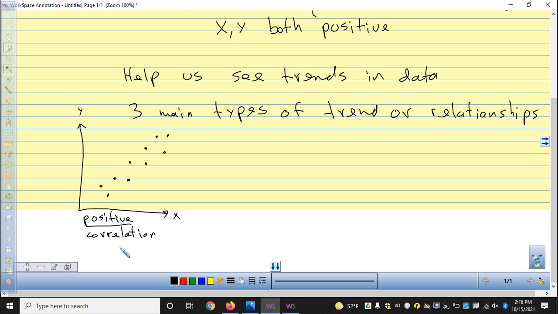When it looks like the graph goes uphill, we say it's a positive correlation. And that means y goes up as x goes up. As x gets bigger, y gets bigger. Our graph goes uphill.